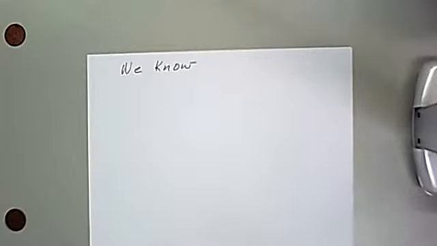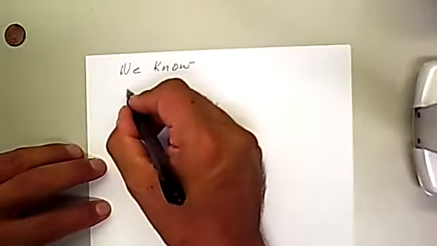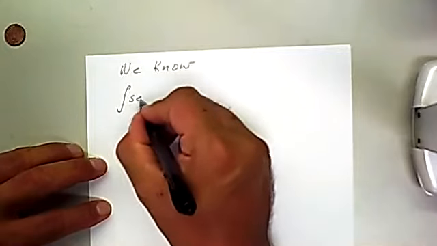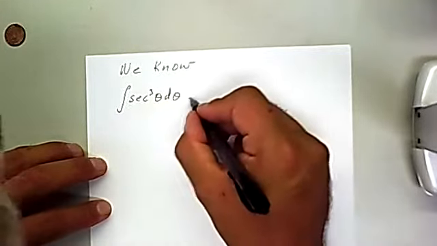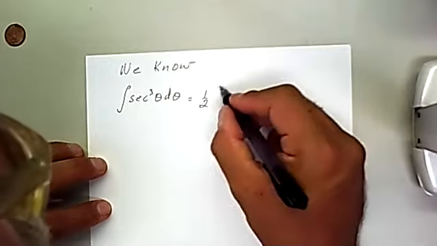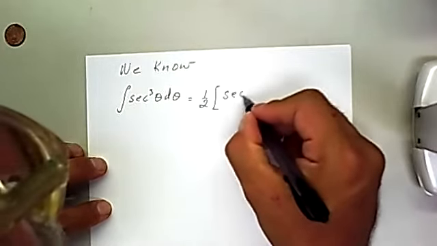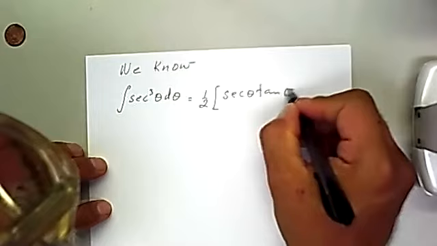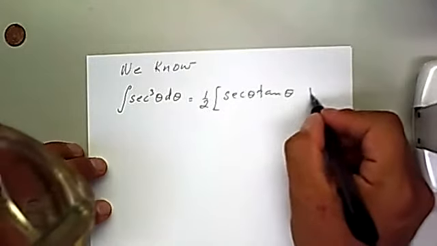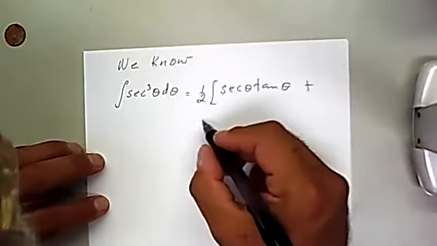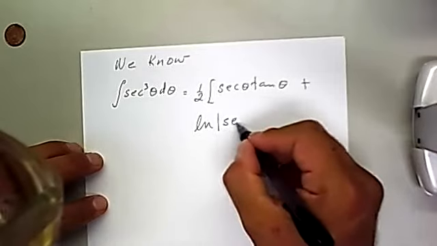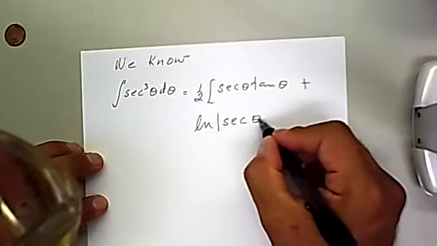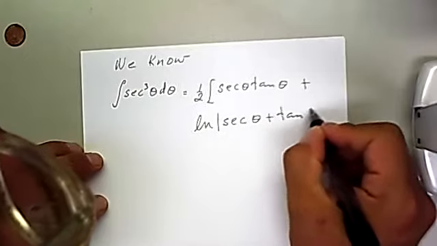It is probably in the section of integration by parts, where we saw that the integral of secant cubed theta d theta, the indefinite integral, is 1/2 of secant theta tangent theta plus, this is a little long, so I'm going to continue down here, the natural logarithm of the absolute value of the secant of theta plus the tangent of theta.